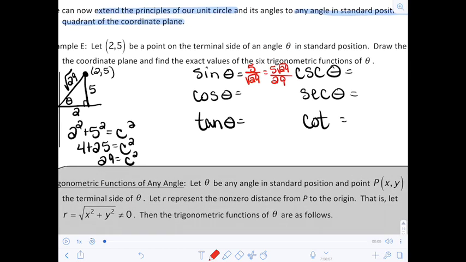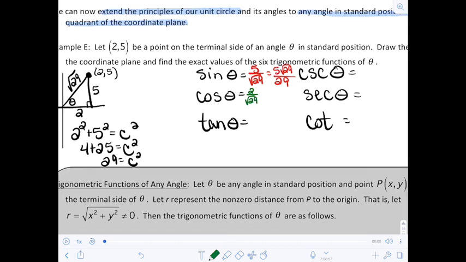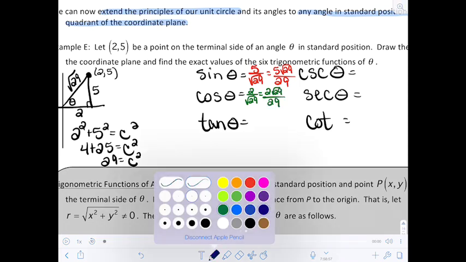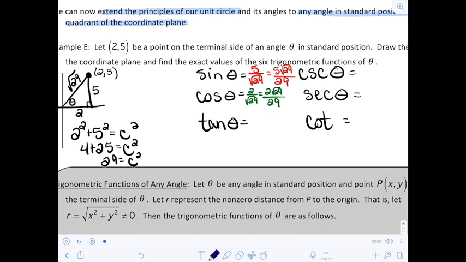The cosine is going to be the adjacent over the hypotenuse, so 2 over root 29, and when I rationalize, 2 root 29 over 29. The tangent would be opposite over adjacent, so 5 over 2.